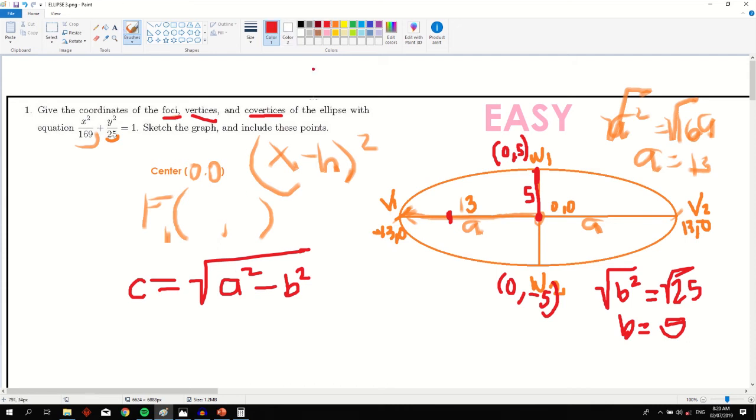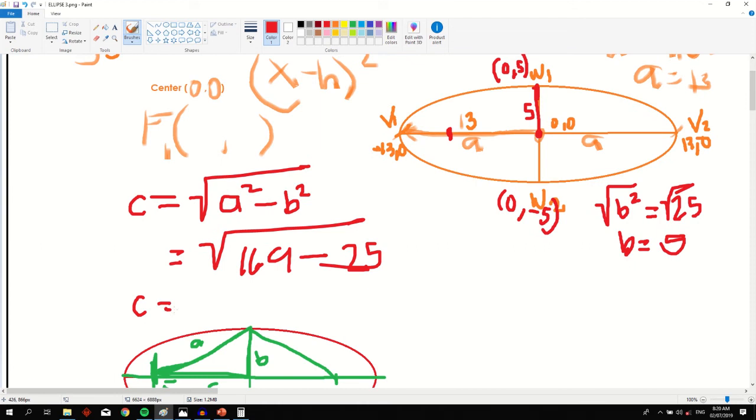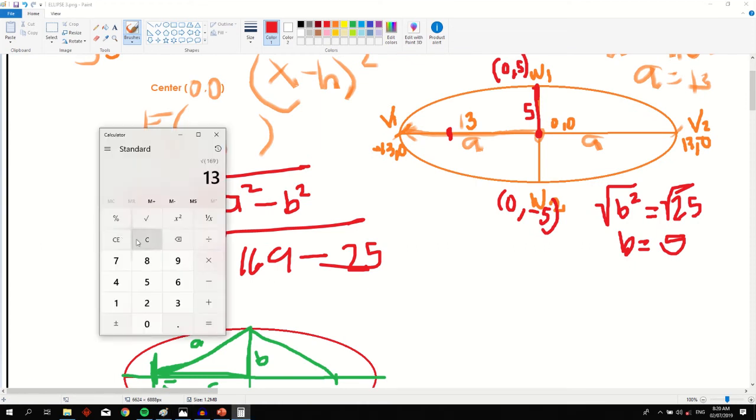Then turn back to red. c is equal to the square root of a squared, 169, minus b squared. What's b squared there? Here it is 25. So c is equal to the square root of 169 minus 25, which is 144. We take the square root of that.